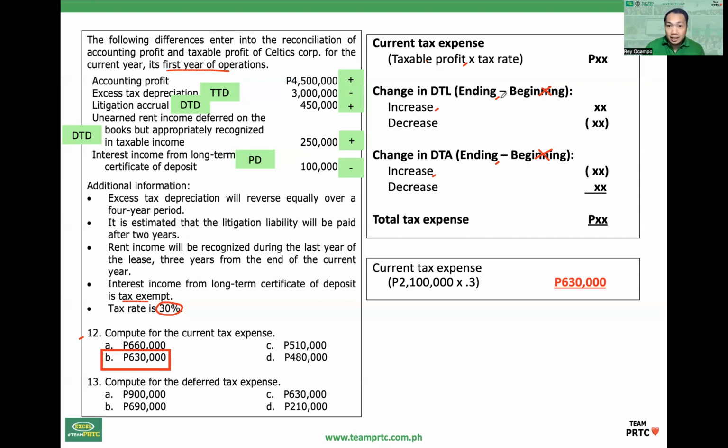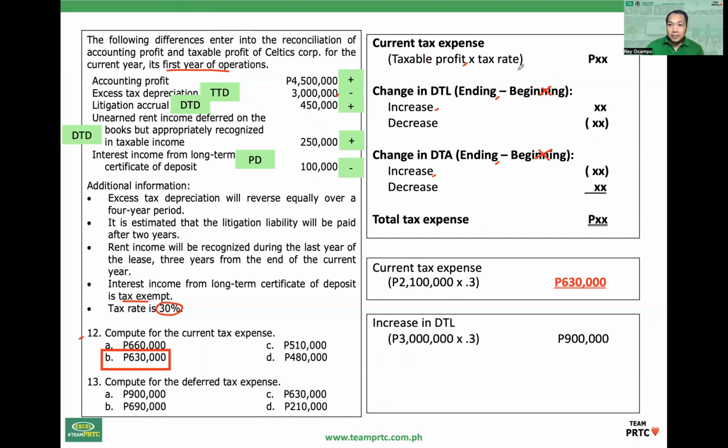Okay, so there's only one TTD. And from the TTD, recognize DTL. So DTL ending, yan na rin yung increase. So the TTD times tax rate. Increase in DTL, increase in expense, so deferred tax expense. The DTDs, get the total, 450 plus 250.